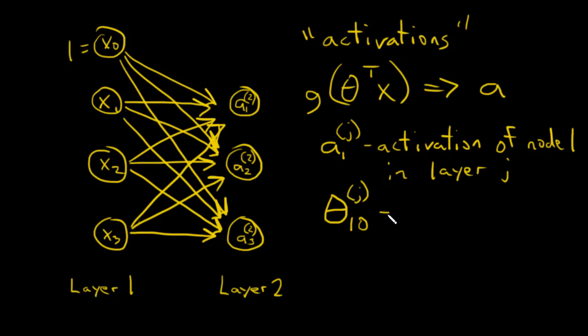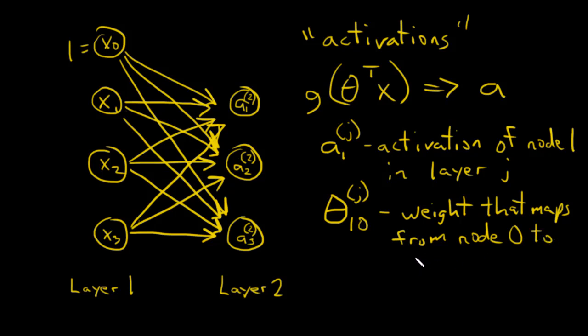This is the weight, the parameter that maps from node 0 to node 1, starting in layer j.